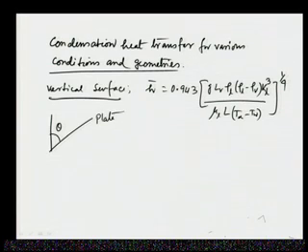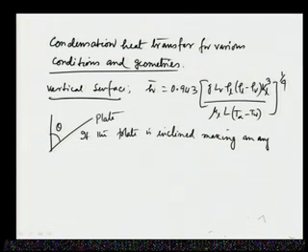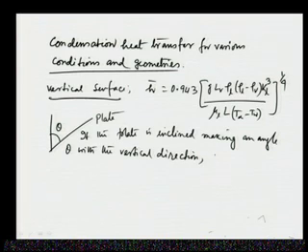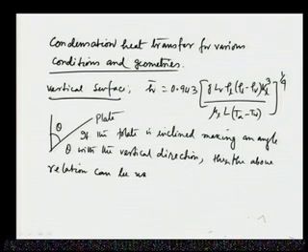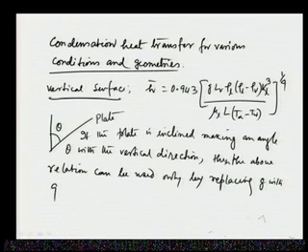If the plate is inclined, making an angle theta with the vertical direction, then the above relation can be used only by replacing g with g cos theta.